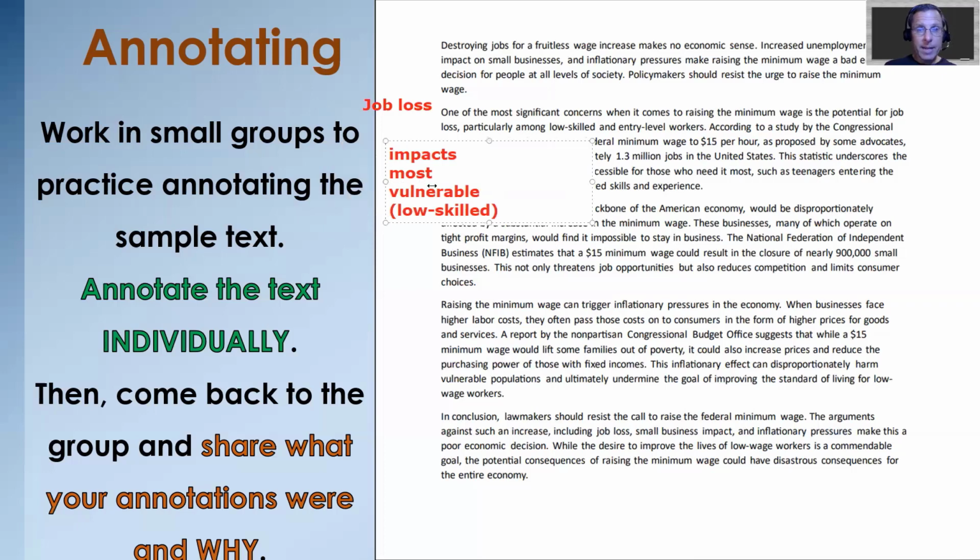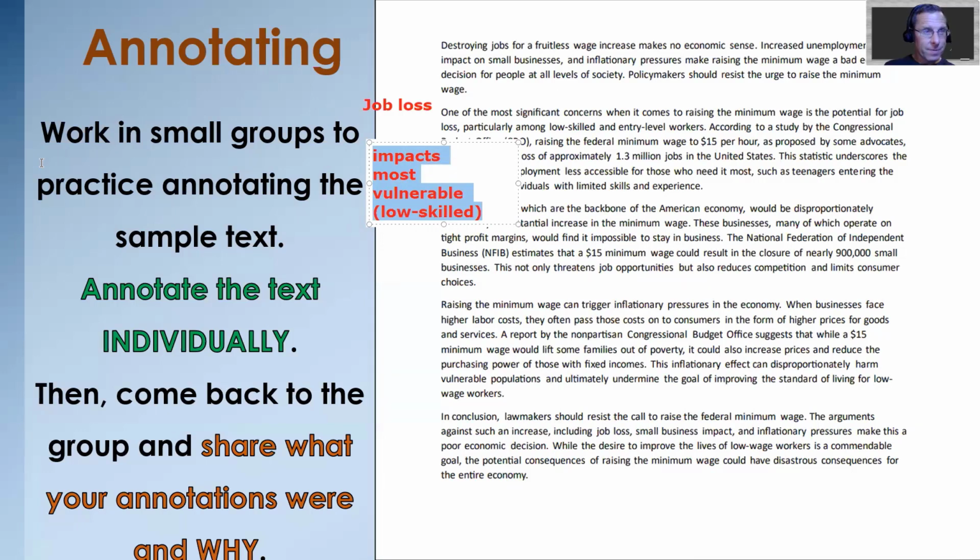Okay, something like that. And if I was writing, I have a little bit more room here. All right, so those are my notes.